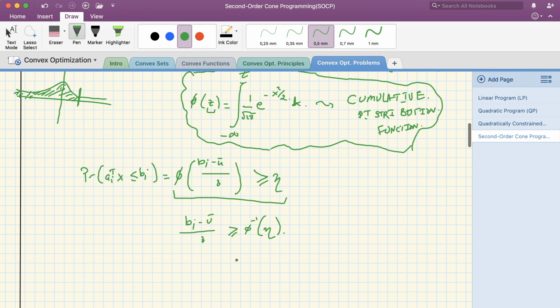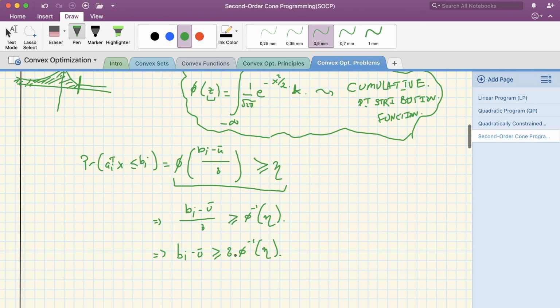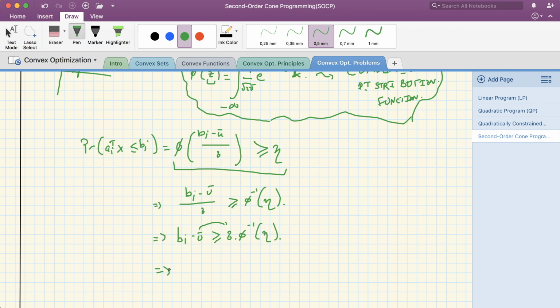Now organizing terms a bit, multiplying by sigma on both sides, we'll get b_i minus u bar greater than sigma phi inverse of eta. Moving the u bar here, you will have u bar plus sigma phi inverse eta less than b_i.